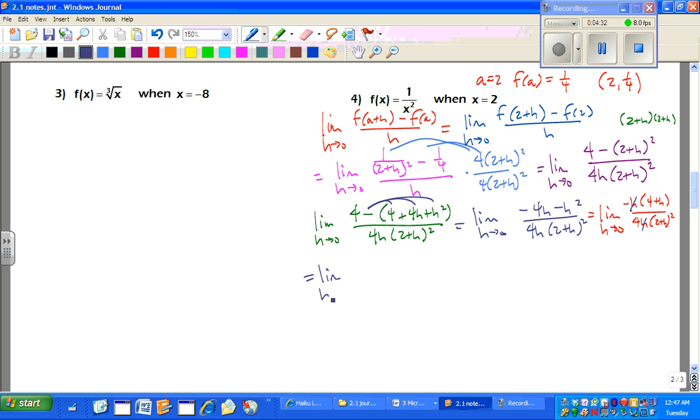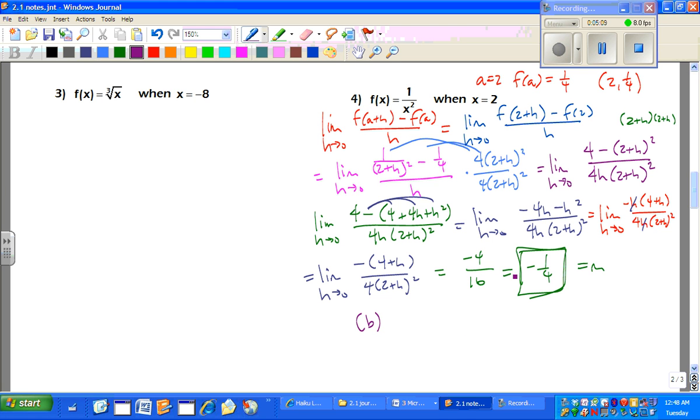We have the limit as h approaches 0 of the opposite of 4 plus h all over 4 times 2 plus h squared. Now that we've got that h in the denominator canceled out, we can use direct substitution. Putting 0 in on top, we get negative 4. 0 on the bottom, we get 2 squared, 4 times 4. So we end up with negative 1/4. So that's our slope. I mean, that's part A.